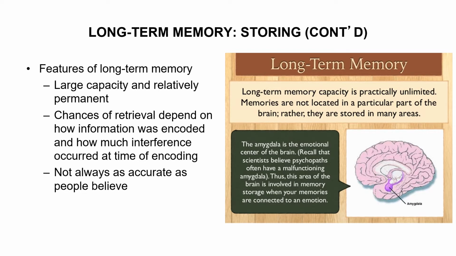Interference also works when we're dealing with encoding into long-term memory as well. And that is that if you're in an environment with distractions, if you're thinking about multiple things at the same time, if there's something else going on, any of that can interfere with the memories being encoded into long-term memory properly.